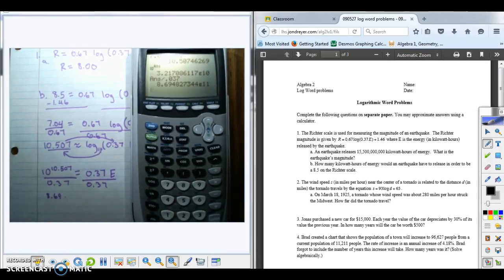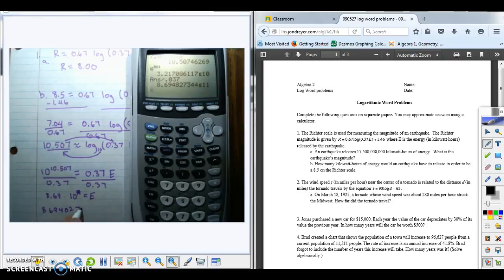And it says 8.69 e to the 11. That is times 10 to the 11th equals E. So times 10 to the 11th, which means how many times do you have to move that decimal point? 11. So we have 8, 6, 9, 4, 8, 2, 7, 3, 4, 4.